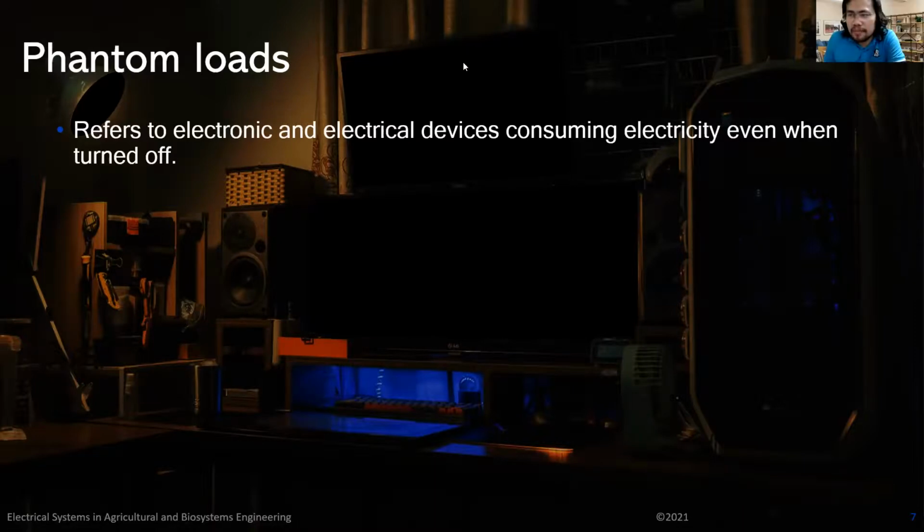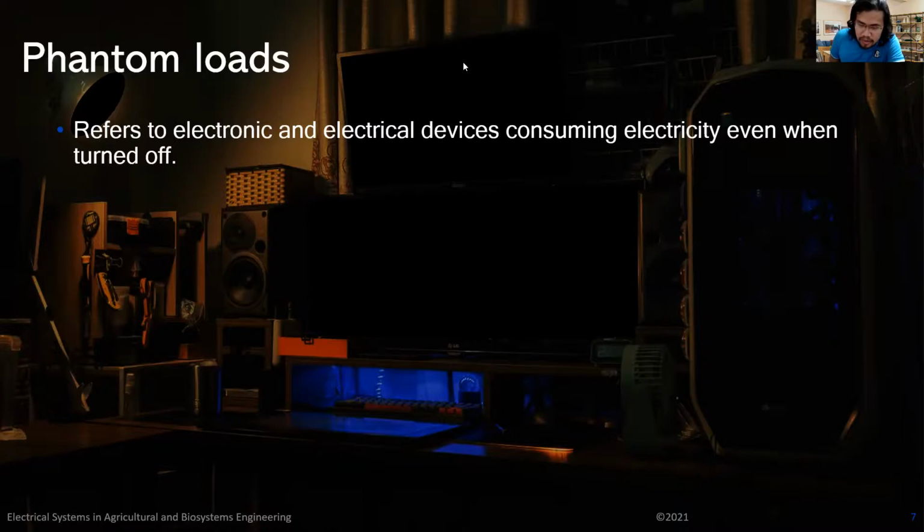So I'll turn on my video now. Why it's important to take note of this is because even while this equipment or appliances are turned off but still plugged into the outlet, they can be consuming electricity, and it's important to unplug them when not using these electronics or appliances.